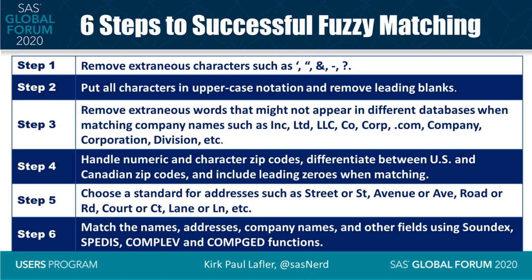Step 6. Match the names, addresses, company names, and other fields using SOUNDEX, SPEDIS, COMPLEV, and COMPGED functions. If you specify them in this order, processing speeds can be improved.